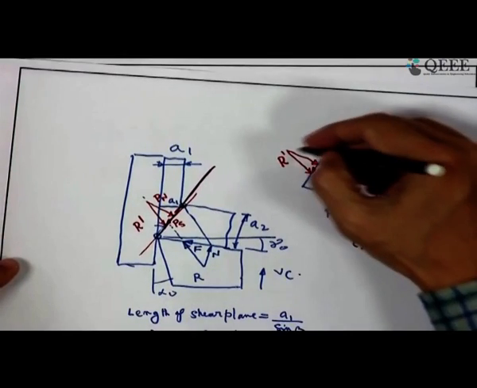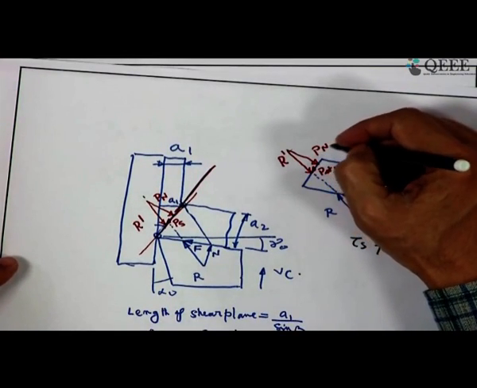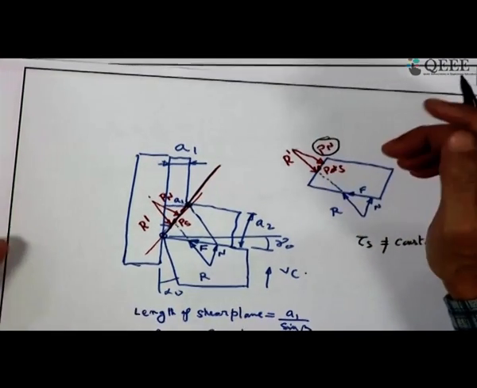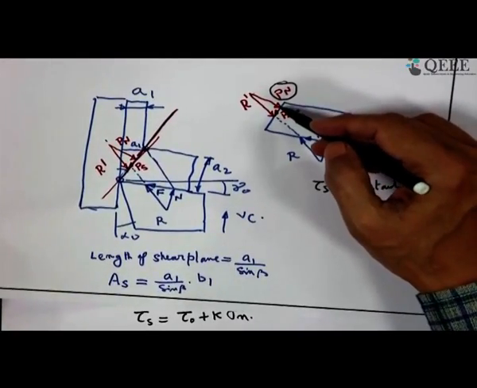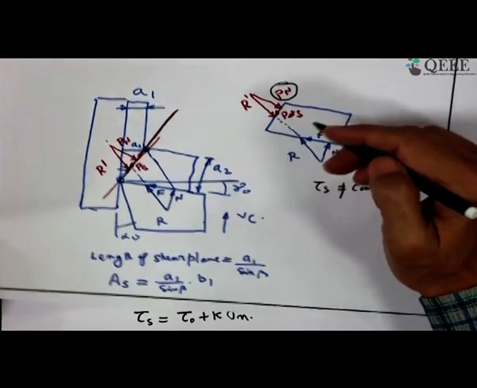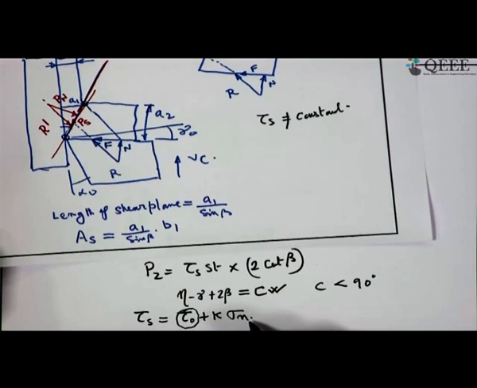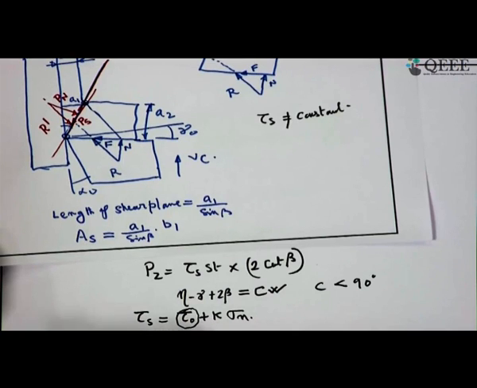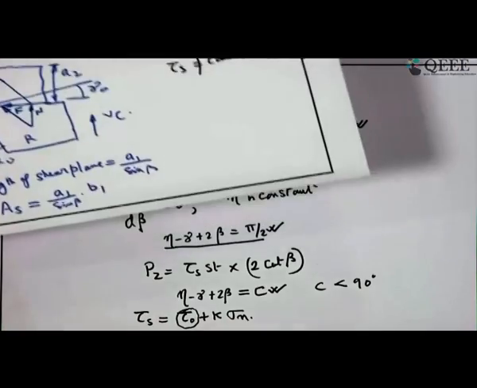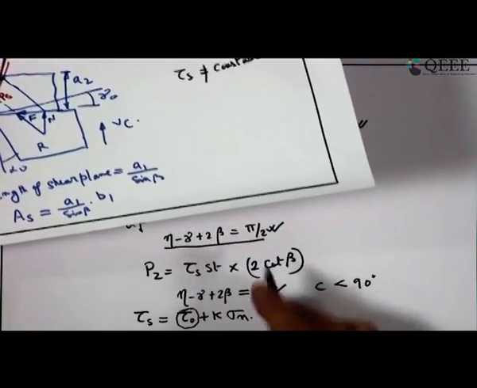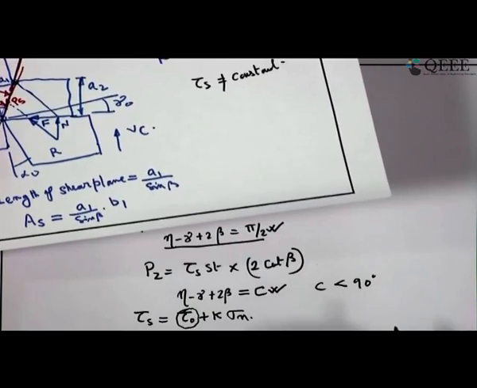Sigma n is the normal stress arising out of this Pn. In summary, if there is a normal force on the shear plane, then the shear stress will no longer be constant, and the larger the value of sigma n, the more the actual shear stress will keep changing, and that is why the universality of this relationship is not valid or accepted.